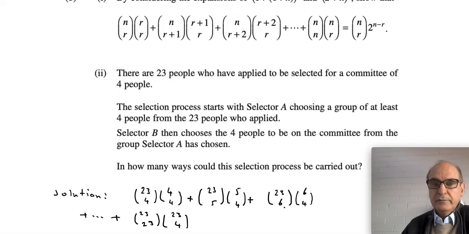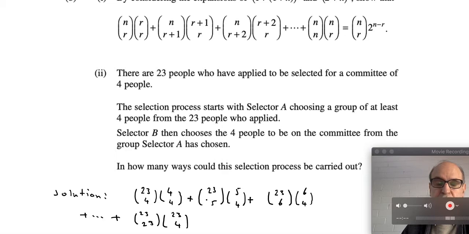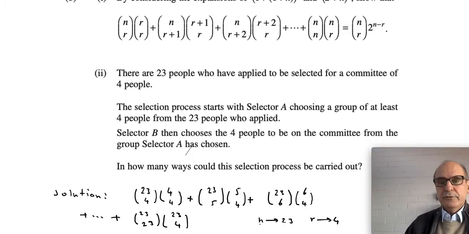So in all of them, the left hand side is exactly the same as this with n replaced with 23 and r replaced with 4.